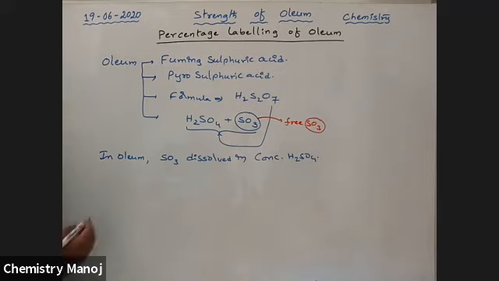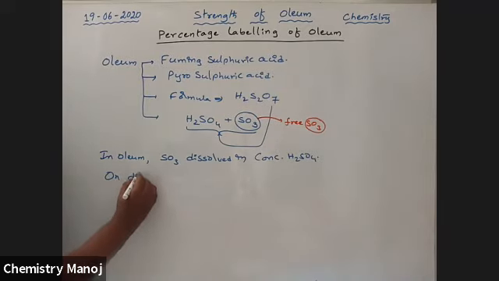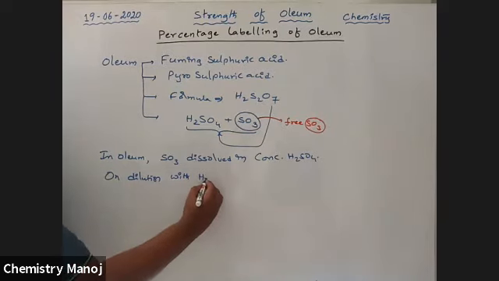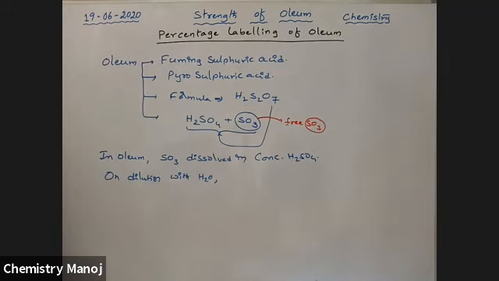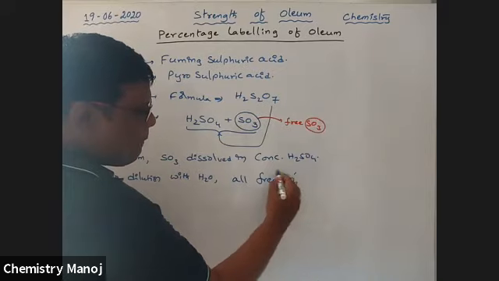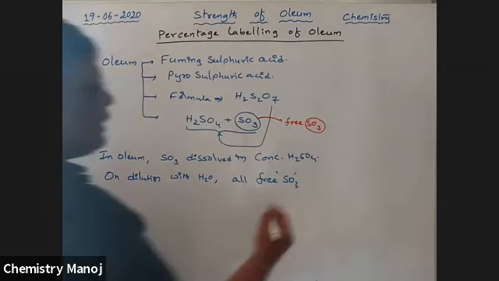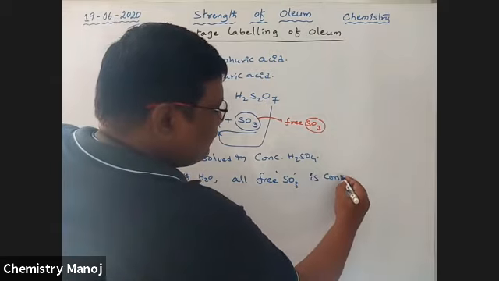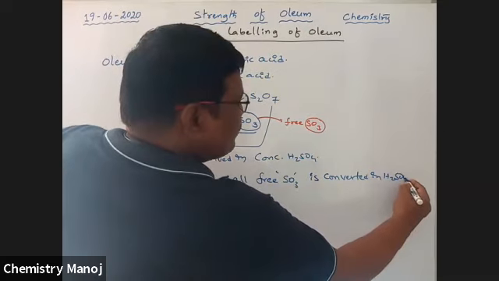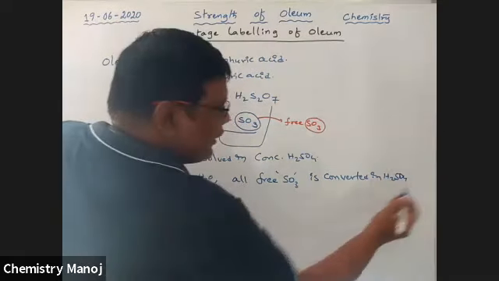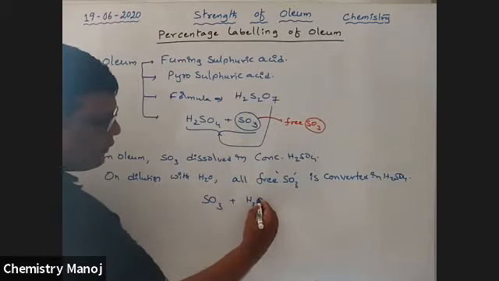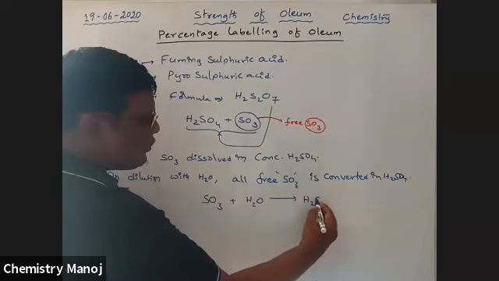On dilution with water, all free SO3 is converted into H2SO4. That is, SO3 reacts with water and gives H2SO4.